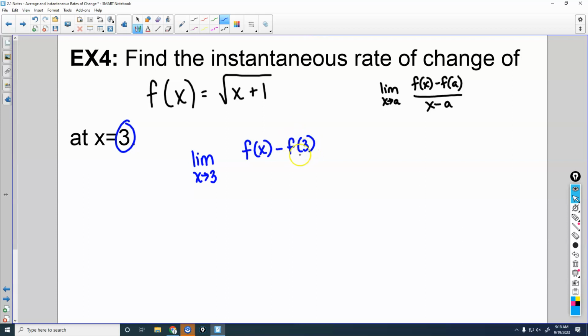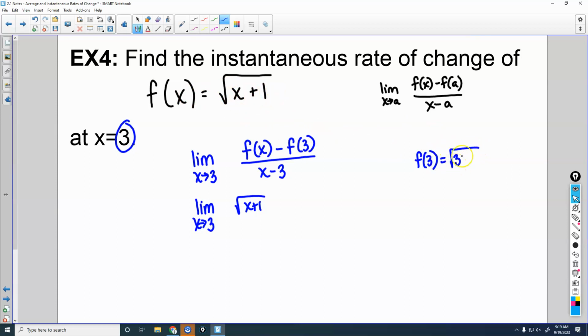Minus f of 3 all over x minus 3. So f of x is just square root of x plus 1. F of 3 is what you get when you plug 3 into your equation.